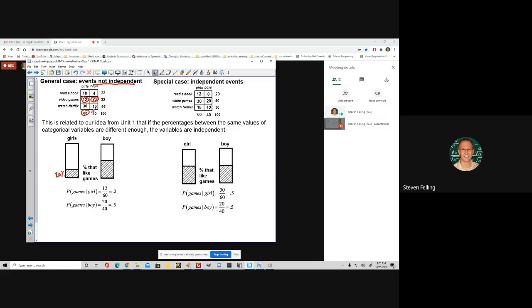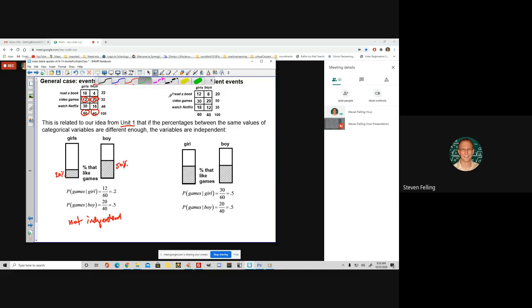But 20 out of 40, which is 50%, chose it for the boys. And since these are larger than a 15% difference, we would say that these are not independent of each other, that one depends on the other, right? So this connects to that same idea from Unit 1, that there's a dependency if the percentages are changing.